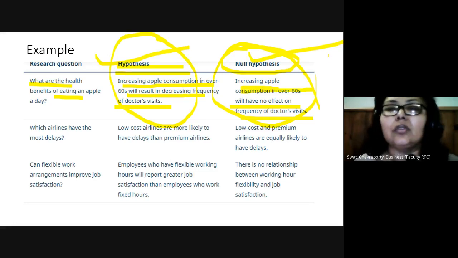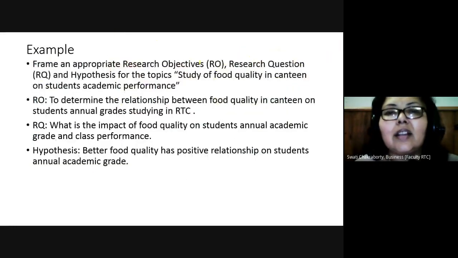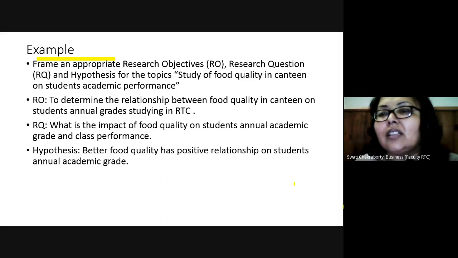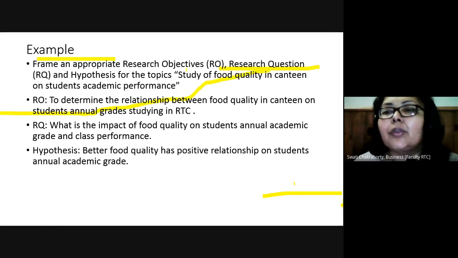Okay, here are other examples also. This is an example where you frame a research objective, a research question and a hypothesis on the topic: the study of food quality in the canteen on students' academic performance.